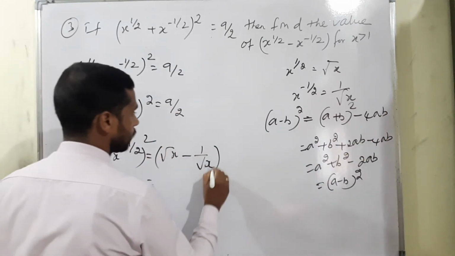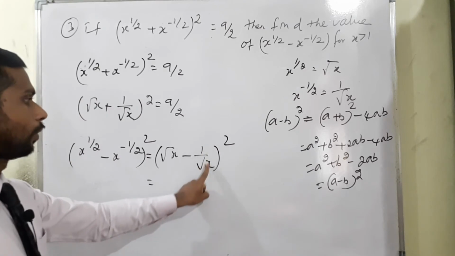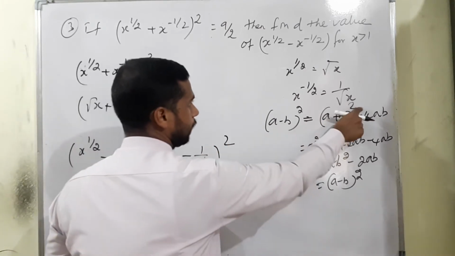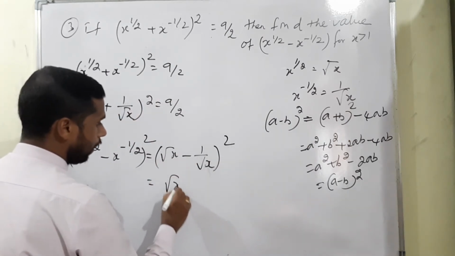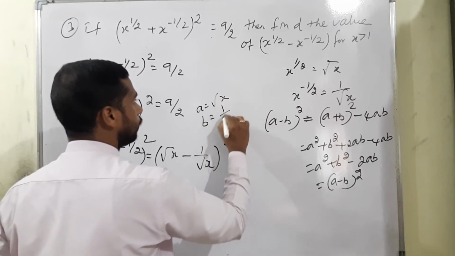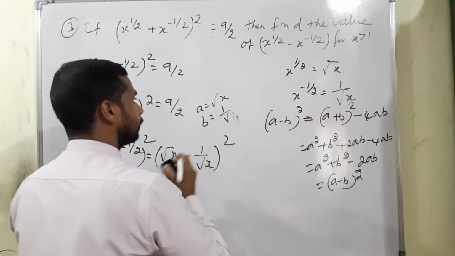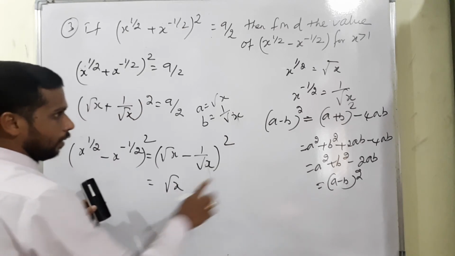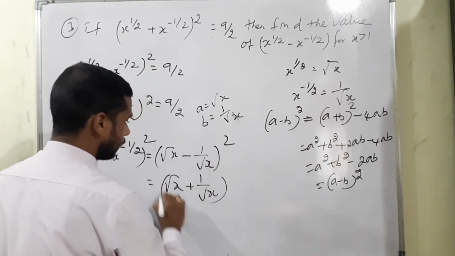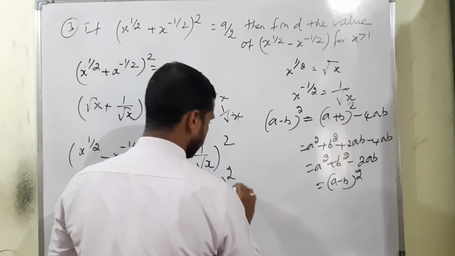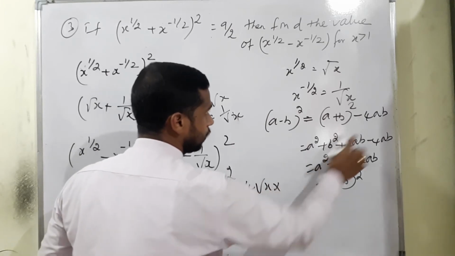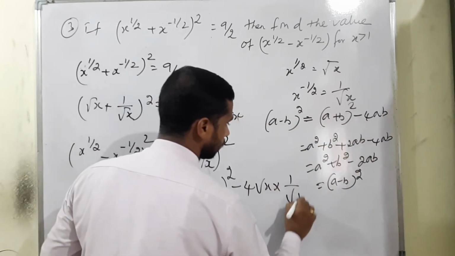So now root x minus 1 by root x the whole square means what will happen? a minus b the whole square is of the form a plus b the whole square minus 4ab. So a plus b the whole square, a is considered as root x, at the same time b is equal to 1 by root x. Now a plus b the whole square is root x plus 1 by root x the whole square, then minus 4 into a, which is root x, into b, which is 1 by root x.